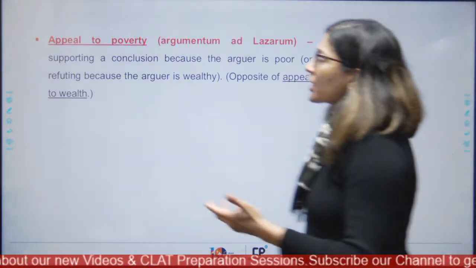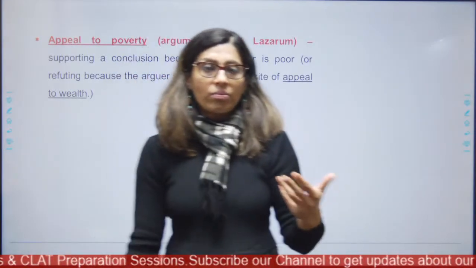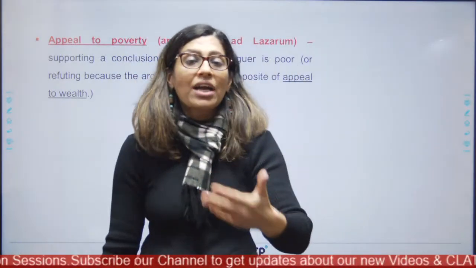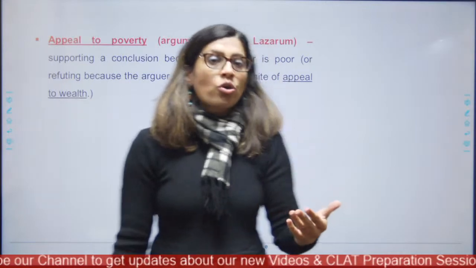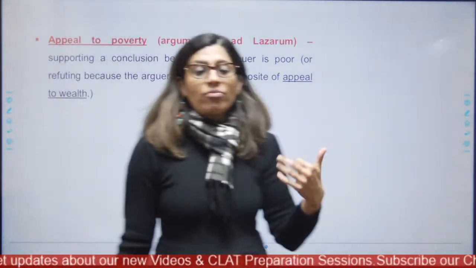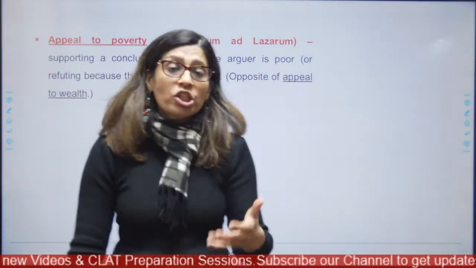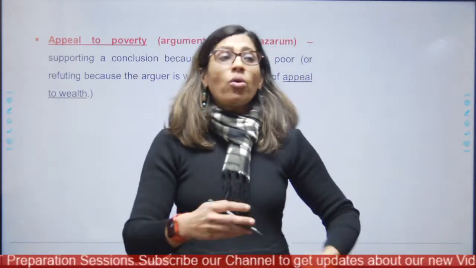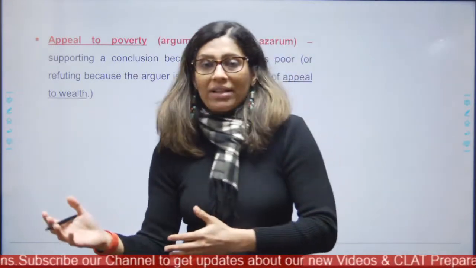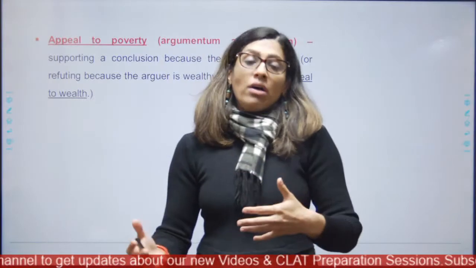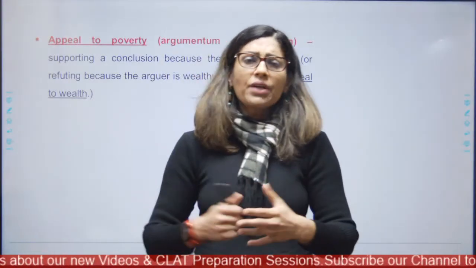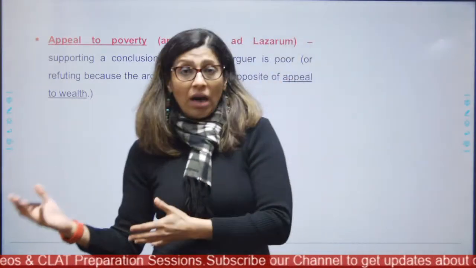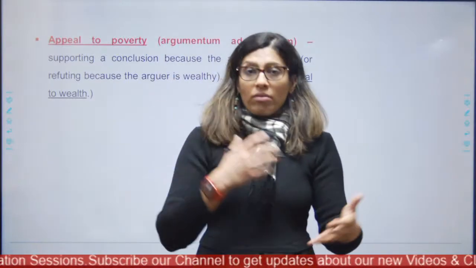Or refuting the arguer because the arguer is wealthy. So in appeal to poverty, for example, in many traditionally poor countries, usually it is appeal to wealth. The wealthy people are looked down upon or looked up to. But it depends.